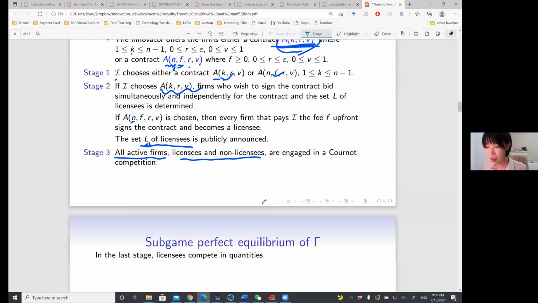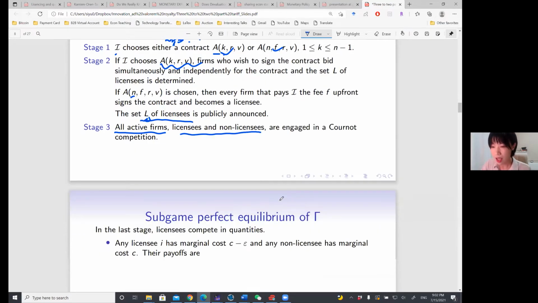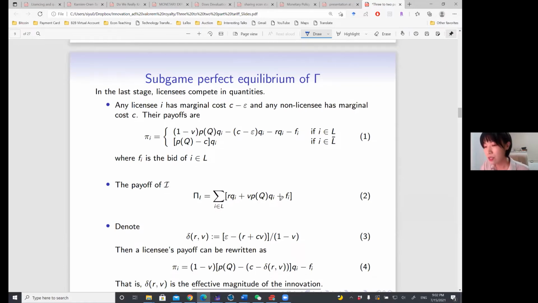We start our analysis from the last stage. Licensees and non-licensees will compete in quantities, with marginal cost C minus epsilon for licensees and C for non-licensees, and the payoffs can be written like this. The payoff of i has the part from per unit royalty, the part from ad valorem royalty, and the fee. Here we denote delta as a function of the royalty, like this.